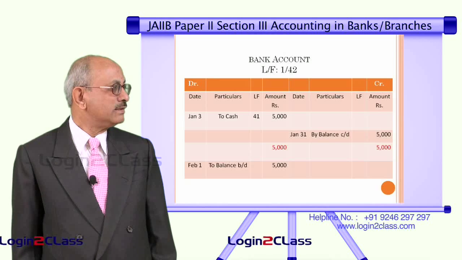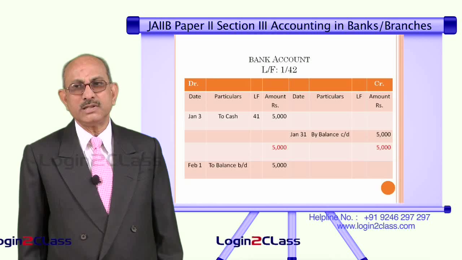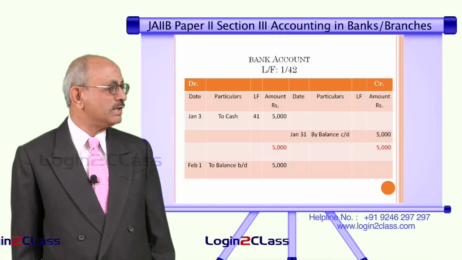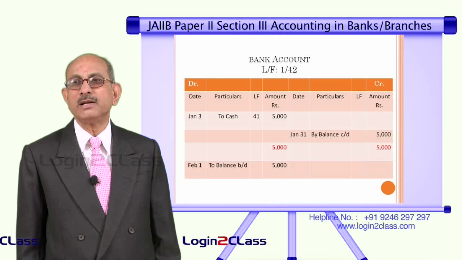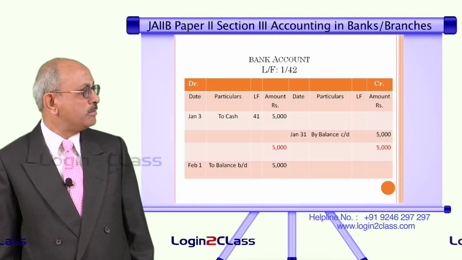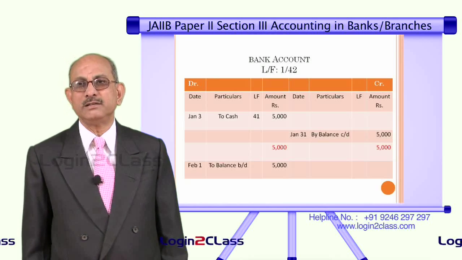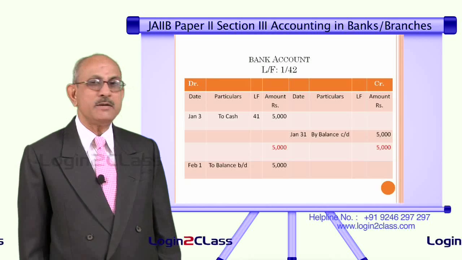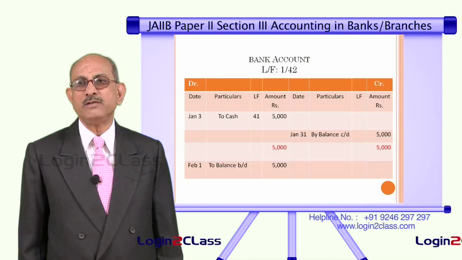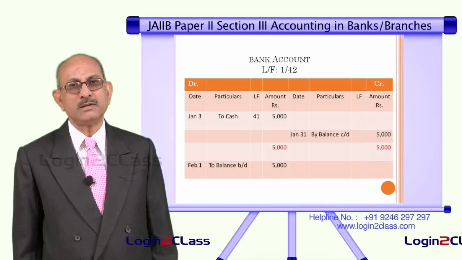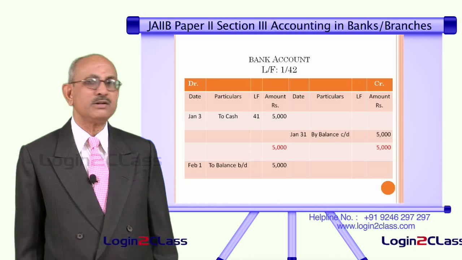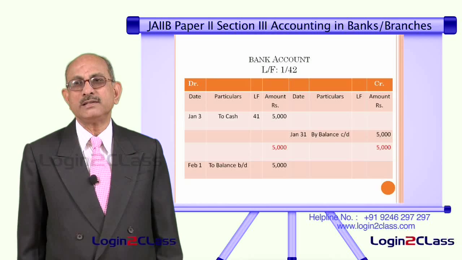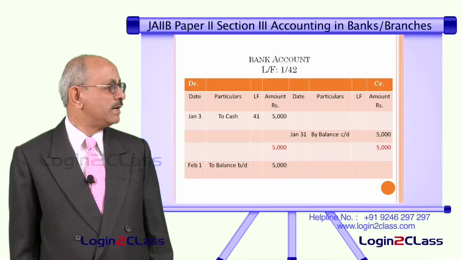Thereafter that amount put on the credit side has to be carried down to the debit side because the total balance in the bank account is a debit balance. Normally bank account debit balance means you have funds in your bank account, whereas a credit balance in a bank account always means that there is an overdraft in the bank account. That means you have taken a loan from the bank. So normally whenever there are no loans, all balances in the bank account need to be debit balances.